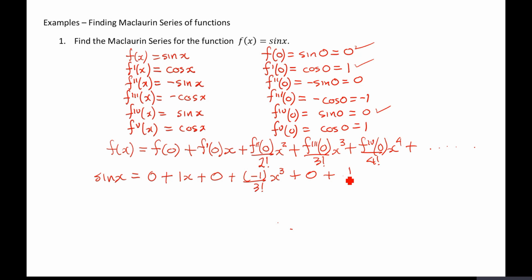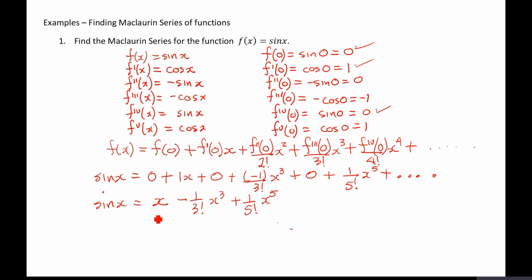Fifth derivative, 1 over 5 factorial x to the power 5 plus, and there, simplify that, get x as the first term minus 1 over 3 factorial x cubed plus 1 over 5 factorial x to the power 5. And there are the first 3 terms of the Maclaurin series of sine of x.